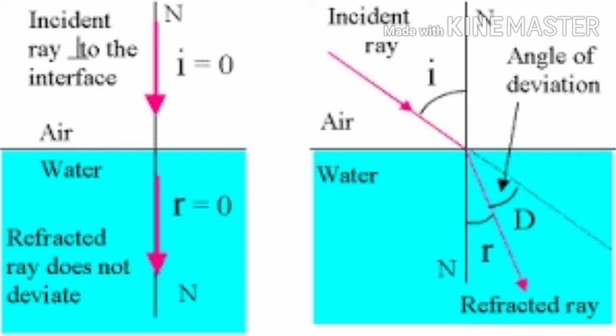Here air is less dense and water is more dense, and when the light ray comes from air to water, the light will deviate towards the normal, or closer to the normal.